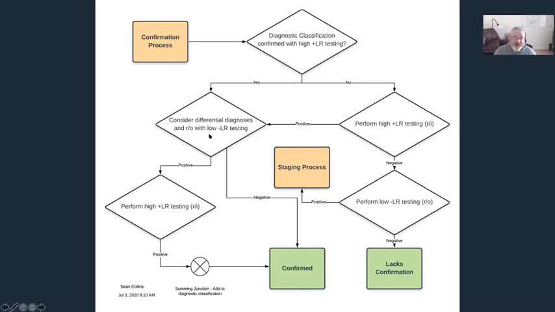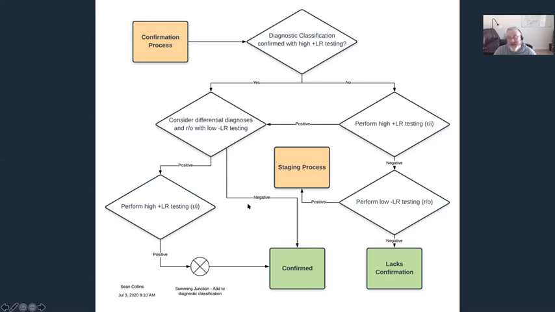If it's positive, then you would consider performing high positive likelihood testing to help rule in, and you would essentially continue to add any of these to your diagnostic classification and confirm.